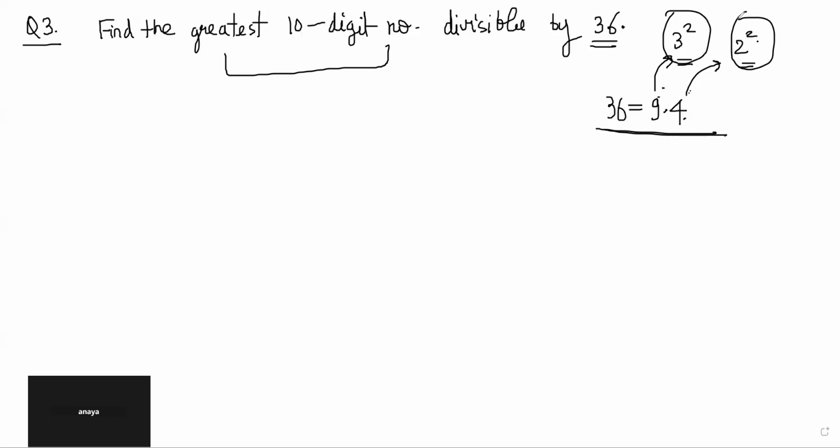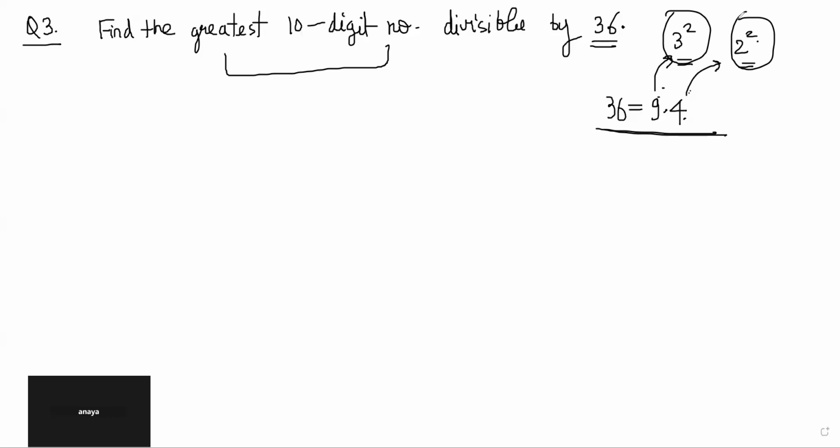Okay. Now, how would you do that? You have to think of that. Well, we know the divisibility rule of 9 is that the sum of the digits has to add up to a multiple of 9, and the divisibility rule of 4 is that the last two digits should be divisible by 4.